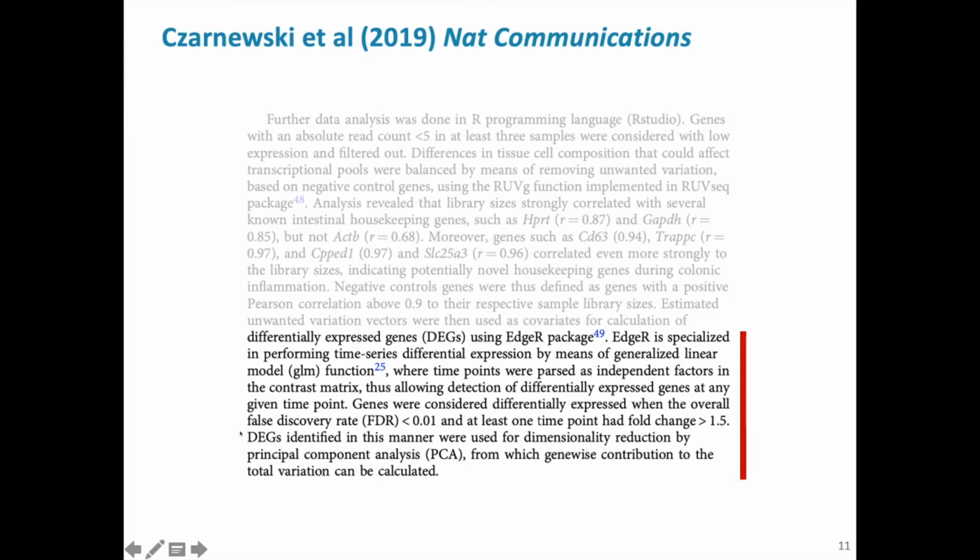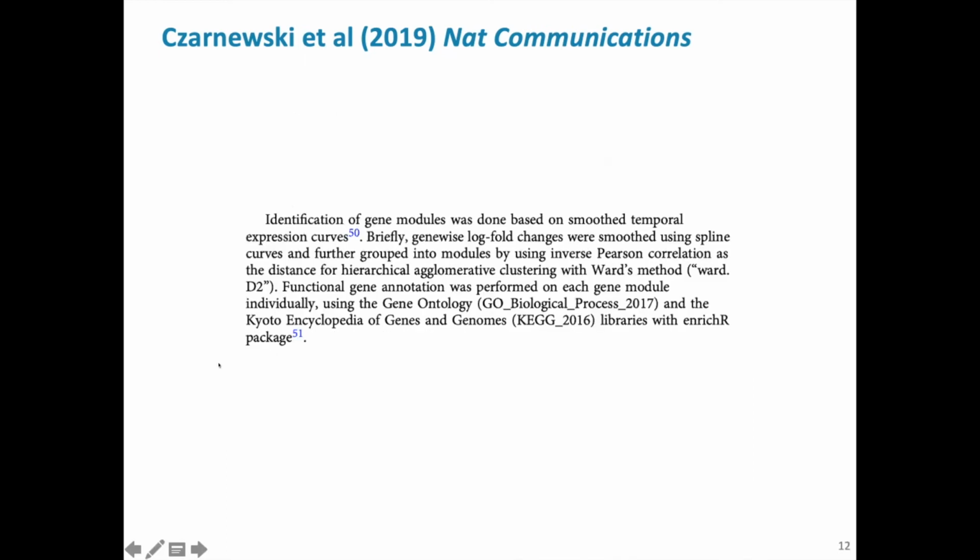And then genes identified in this manner were used for dimensionality reduction by principal component analysis, from which gene contribution to total variance can be calculated. And then later, identification of the gene modules was done by smooth temporal, and this is a little bit more specific. So you have the gene expression over time, so you can actually smooth that rather than have per sample variation.